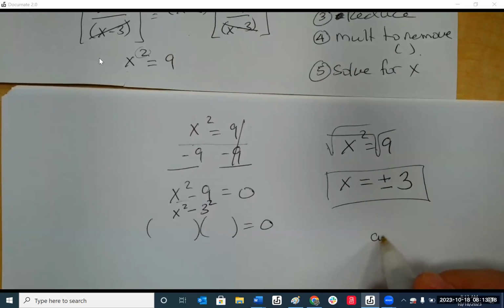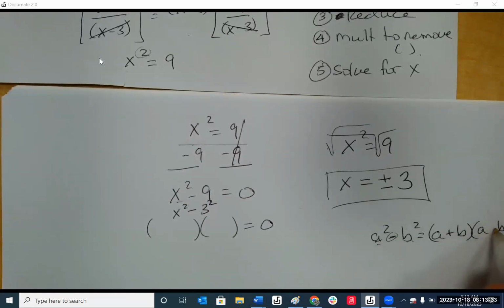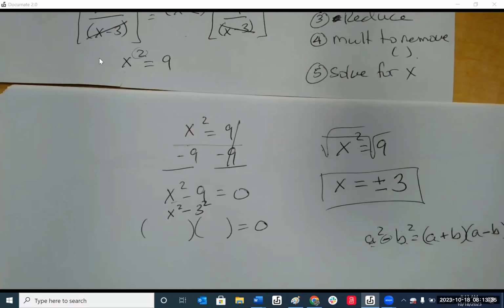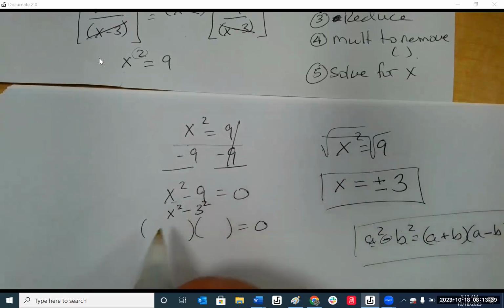And the rule of that is if you have two terms that are the same and they're both squared and a minus, just put A and B into both those and then different signs. So that's the difference of two squares.